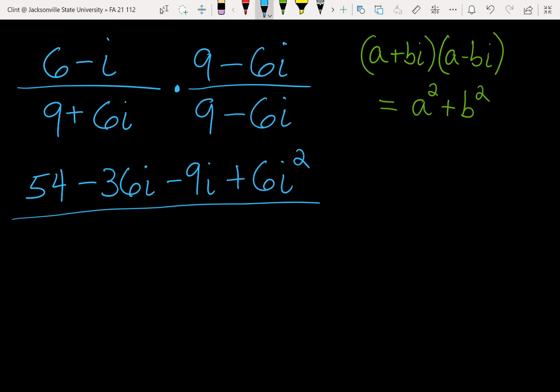So it works out the same way. Okay, so I'm going to assume you didn't remember the pattern on this one and do FOIL again. 9 times 9 is 81. 9 times negative 6i is negative 54i. 6i times 9 is positive 54i. And then 6i times negative 6i is negative 6i squared.